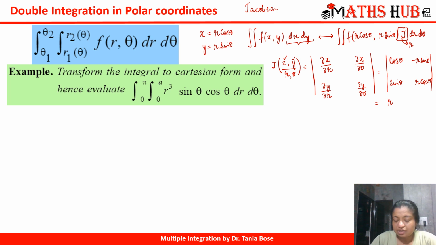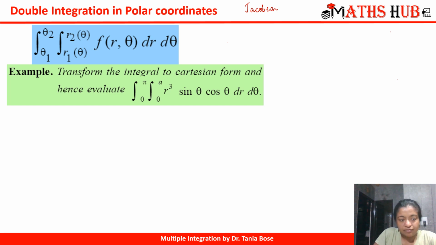With the help of this transformation, let us try to convert this integral to Cartesian form and then evaluate it. Now we have the integral 0 to pi, integral 0 to a, r cube sine theta cos theta, and then we have dr d theta.